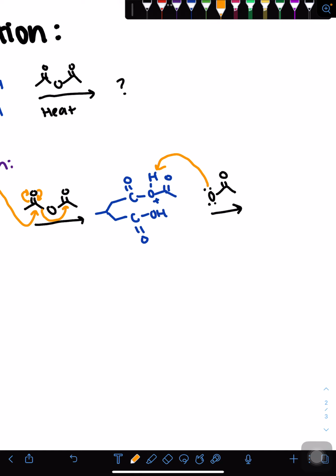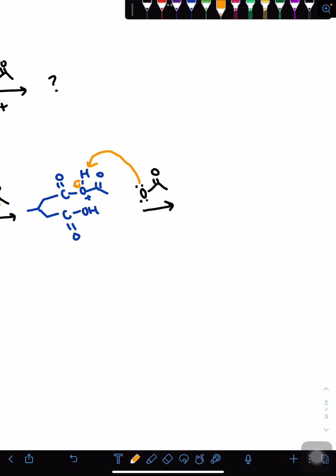And then that bond is going to go back to the oxygen, giving us that.